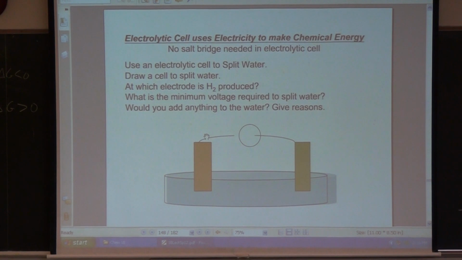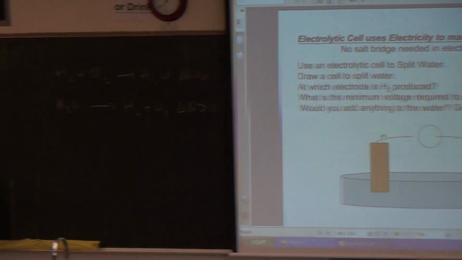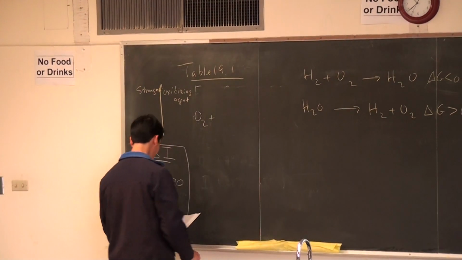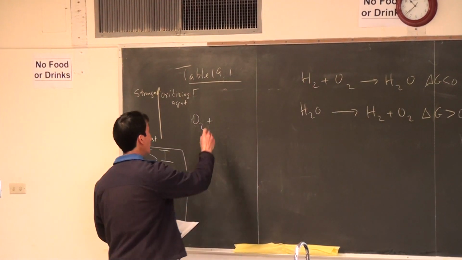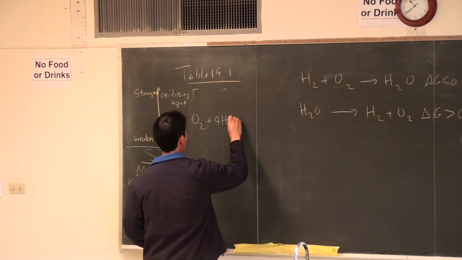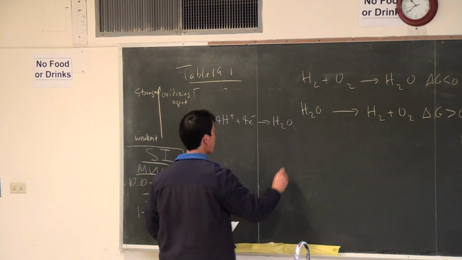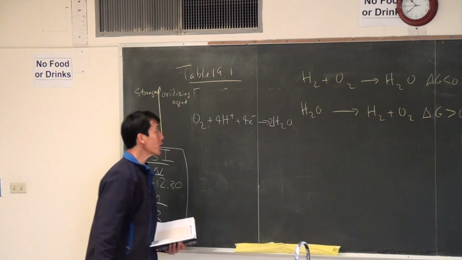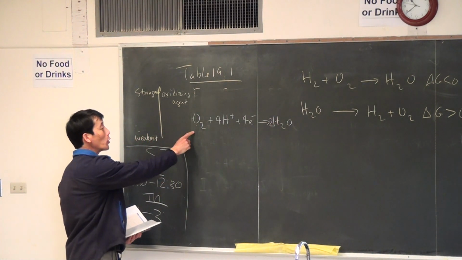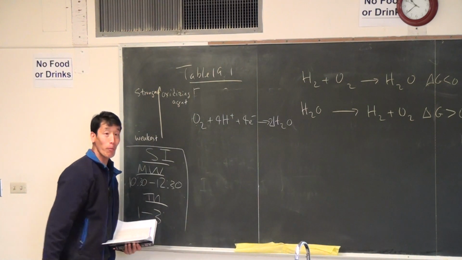Oh, I just erased them, so let me write this one back on the chalkboard. We have O2 plus 4H+ plus 4 electrons producing 2H2O. Note that this is a reaction in which O2 is being reduced to H2O.